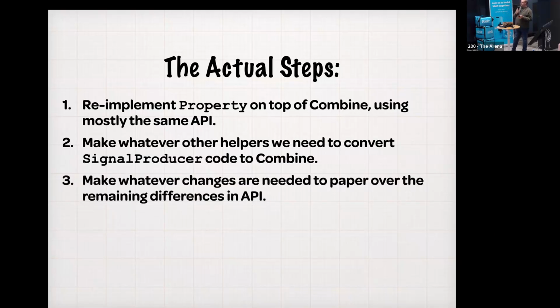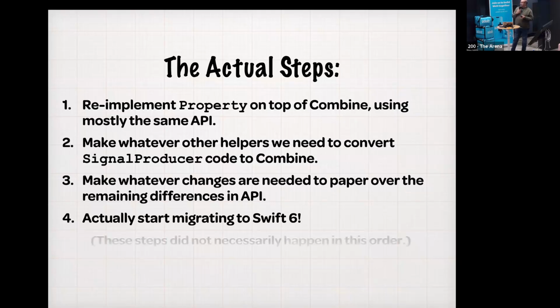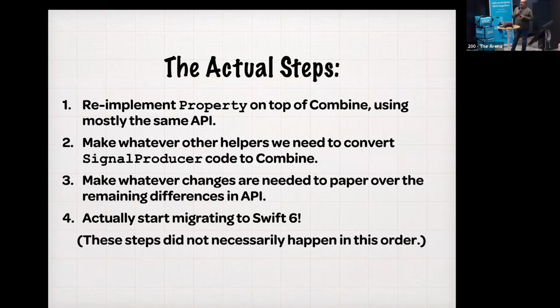And we can make little changes here and there to fix whatever, since these APIs aren't going to match perfectly, but we can just fix those by hand, basically. And once we have all of this done, then we can start migrating to Swift 6. So these steps didn't necessarily happen in this order when we actually did them, but that is the outline of the plan for how to get towards Swift 6.